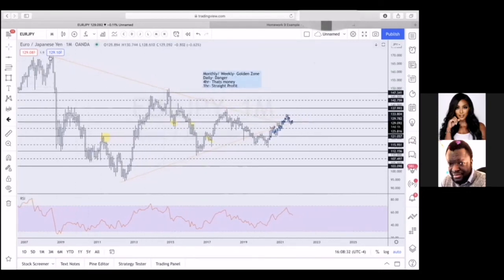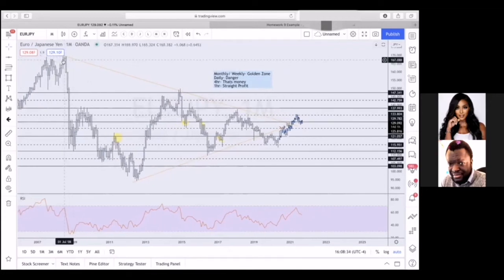If you look on this monthly, price respected the highs, meaning price did not break through. But on the lows, you have a support level, and price broke here. And right now, price is retesting this entire triangular structure. You see that?